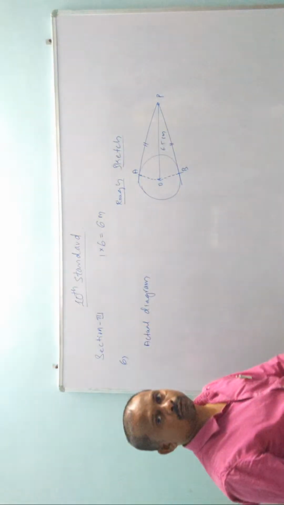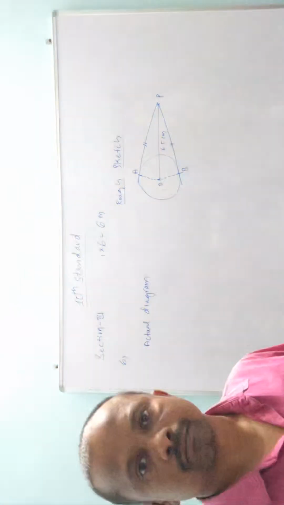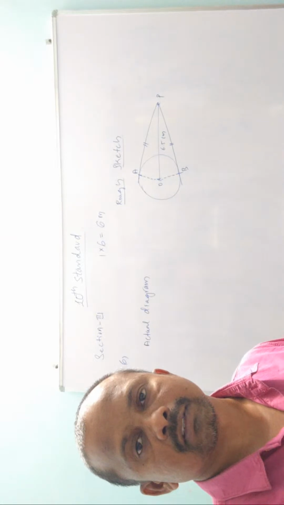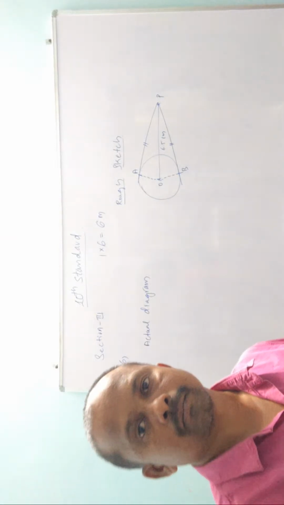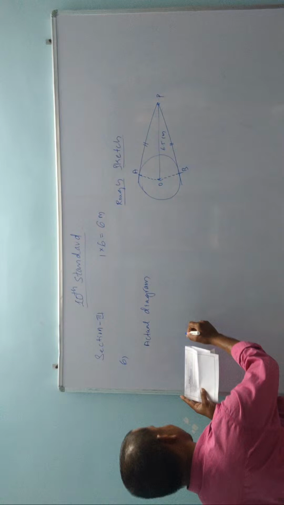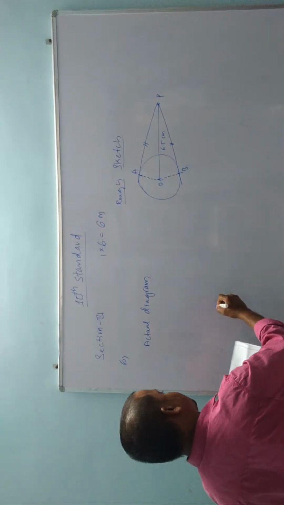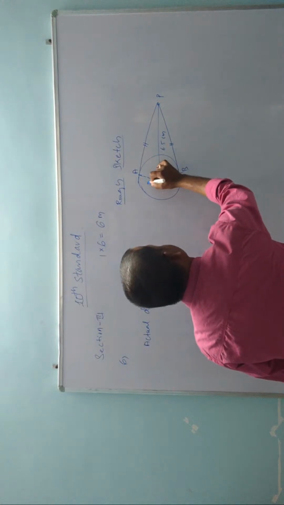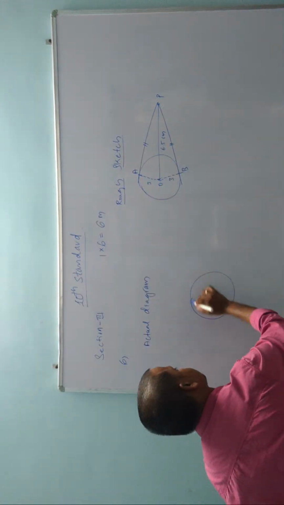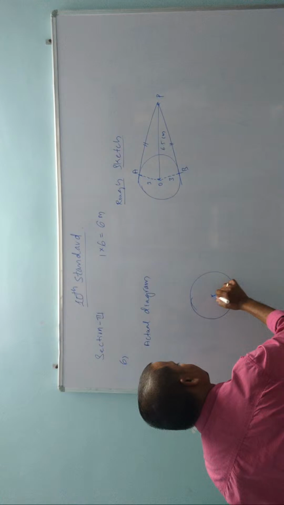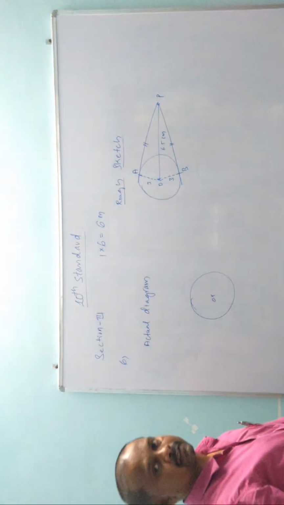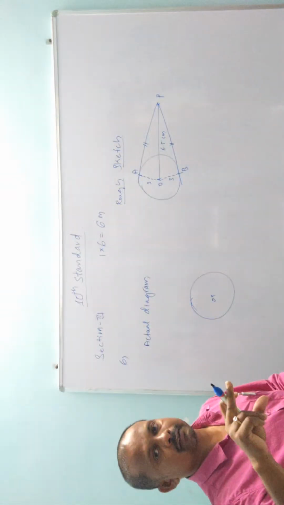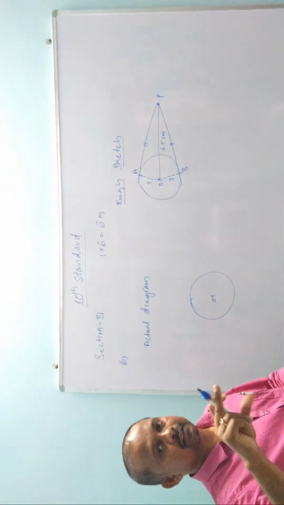Next, for the actual diagram, we have to draw one circle. The radius is 3 centimeters. Here O is the center, and you have to adjust a 3 centimeter distance in the compass.